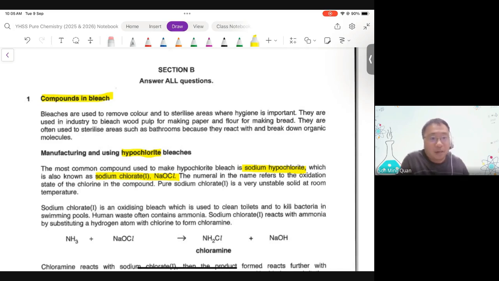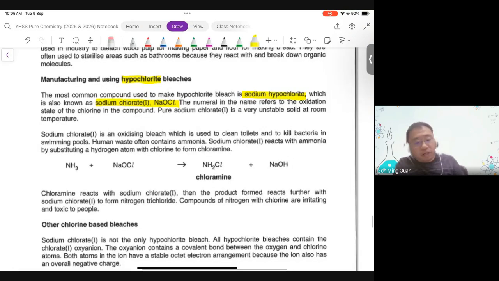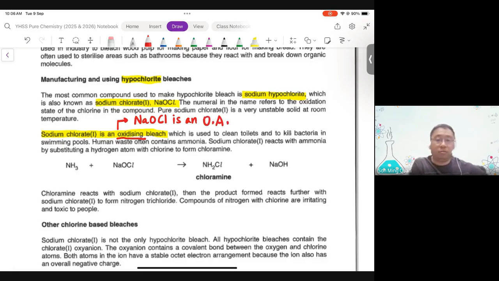All right. Now, sodium chlorate(I), again, I see this word, is an oxidizing bleach. This is an important word. Oxidizing bleach. Another way of saying this is sodium chlorate(I) is an oxidizing agent. That's another way of saying it, right? Okay, so this is what you need to write down.